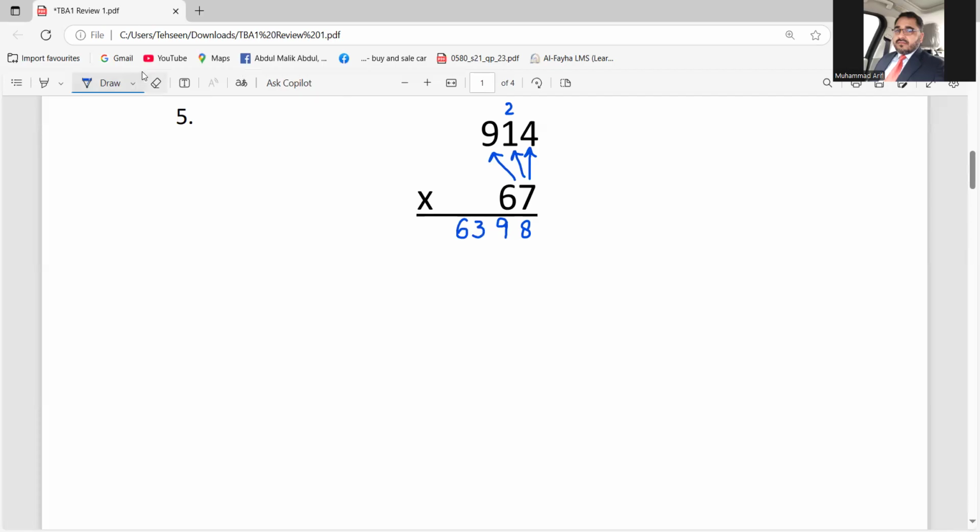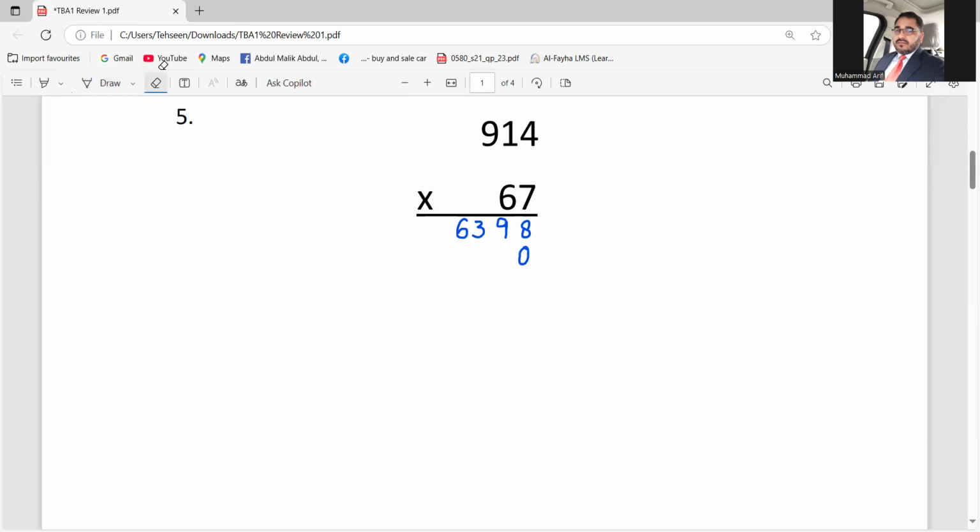Now we need to multiply this 6. To multiply 6, as 6 is the tens digit, we need to start here from the tens place. Ones place here will be 0.